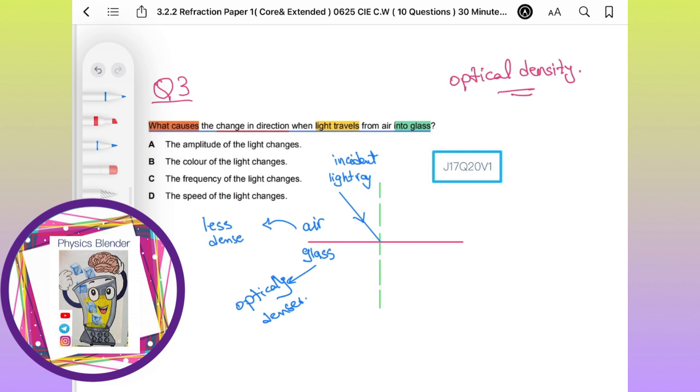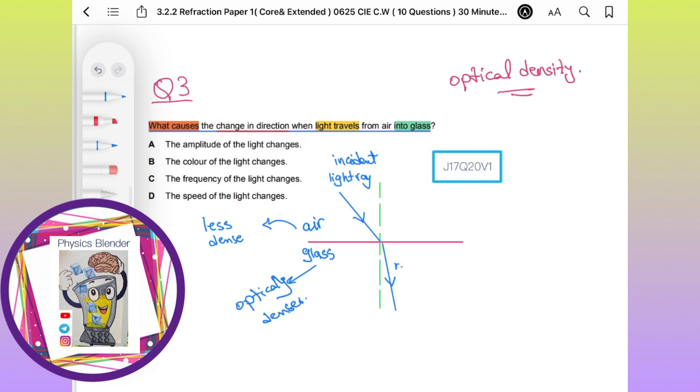So the light ray will not continue in a straight line. It will bend towards the normal. Why? Because it's traveling now from less dense to denser medium. So it will bend, it will refract.